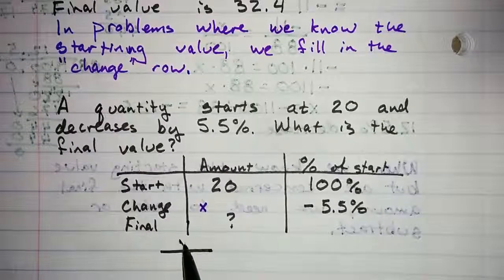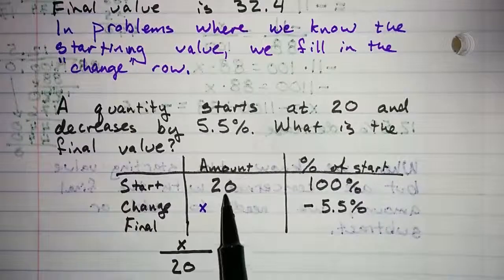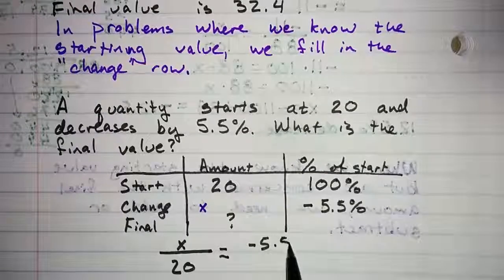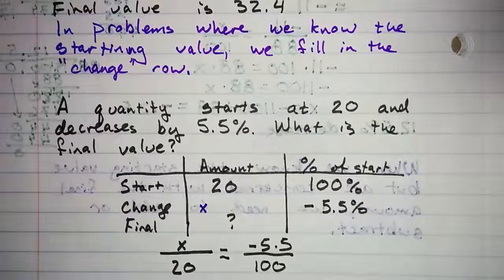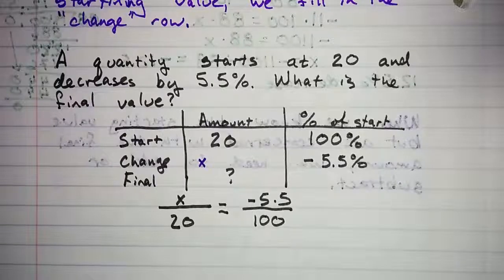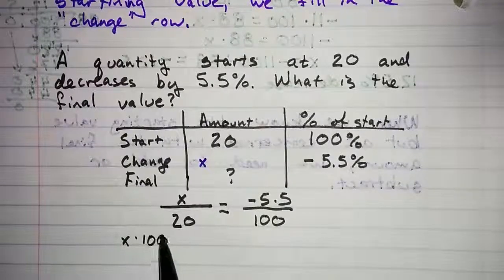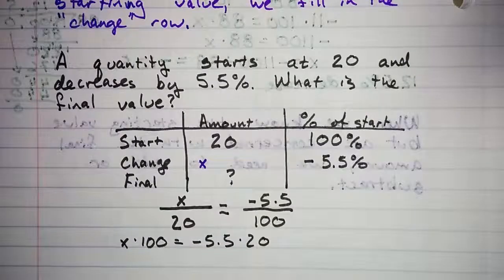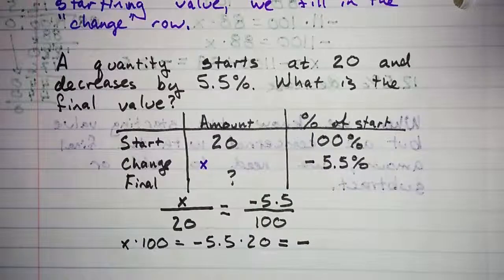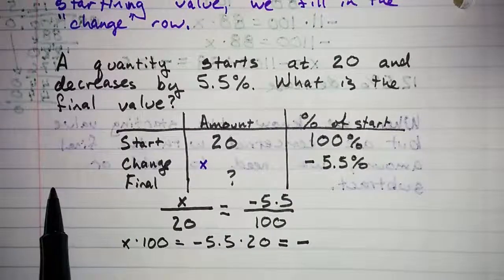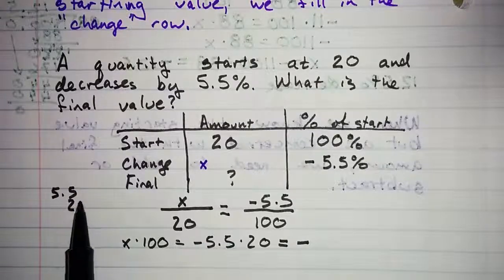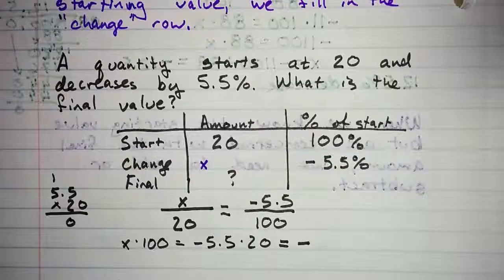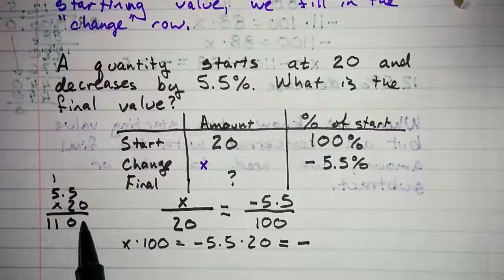So we'll have x over 20, the starting amount is always the base, is negative 5.5 out of 100. Now what? We cross multiply. X times 100 is negative 5.5 times 20. The answer is going to be negative. Let's work that out. 5.5 times 20: 2 times 5 is 10. 2 times this 5 is also 10, plus 1 is 11.